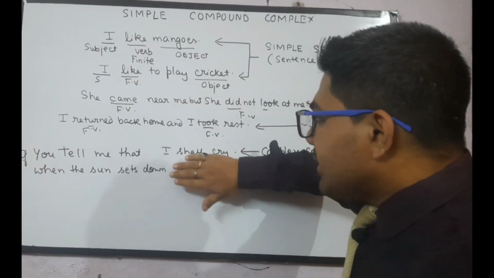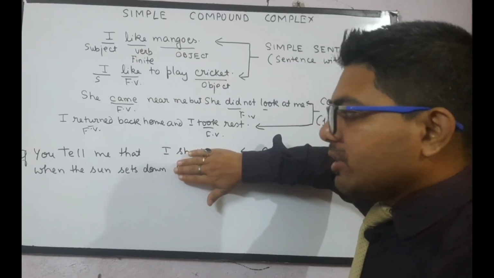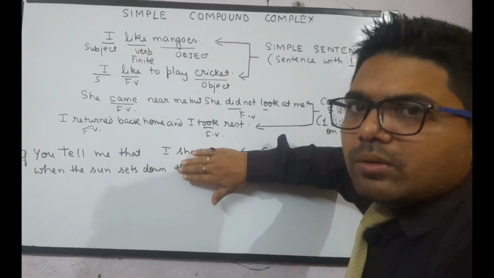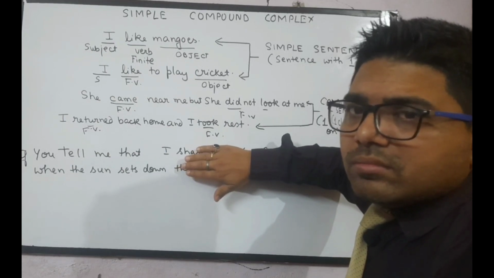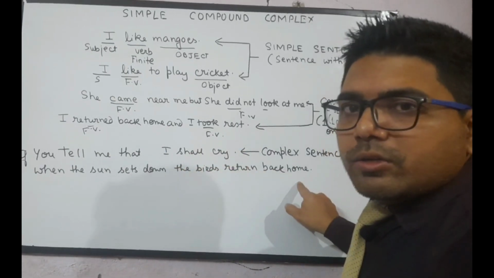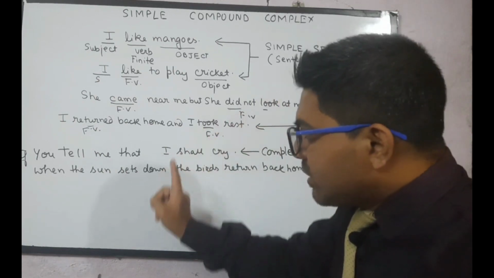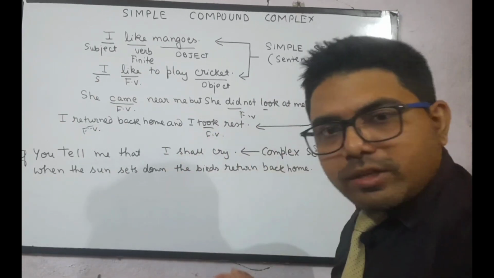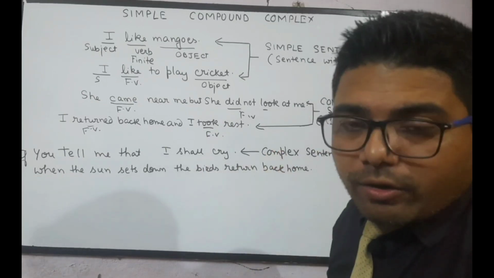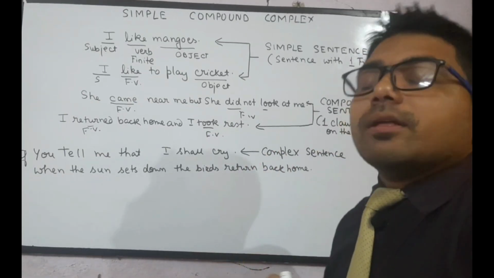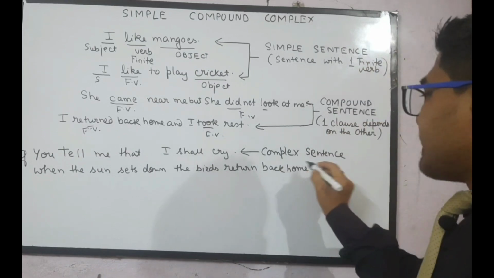So when the sun sets down, if we cover this part, when the sun sets down, are we getting any complete meaning? So we need this part to get a complete meaning. So the clause depends on the other clause. So if a clause depends on the other clause for a complete meaning, we will call it a complex sentence.